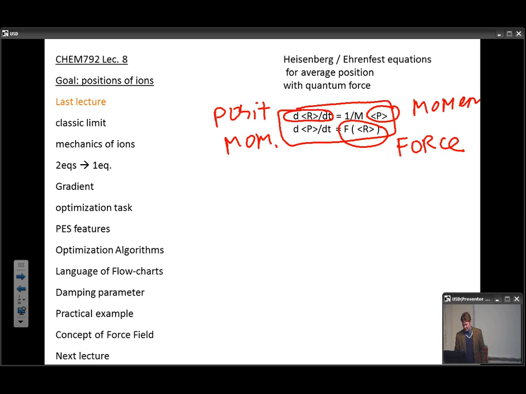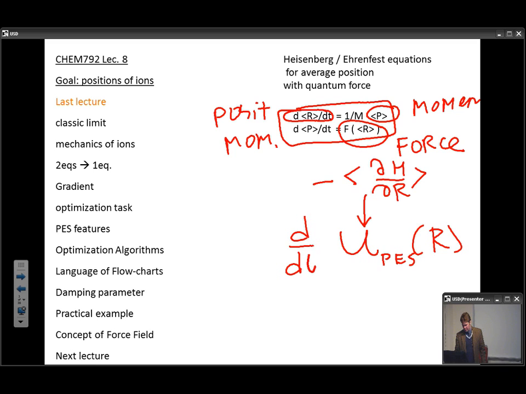And this force can be computed in a quantum way, so the derivative of the Hamiltonian with respect to position and then taking the quantum average. But in many cases, we can speak about it as already having a ready potential energy surface. It does depend on positions, and we just take the derivative of it.